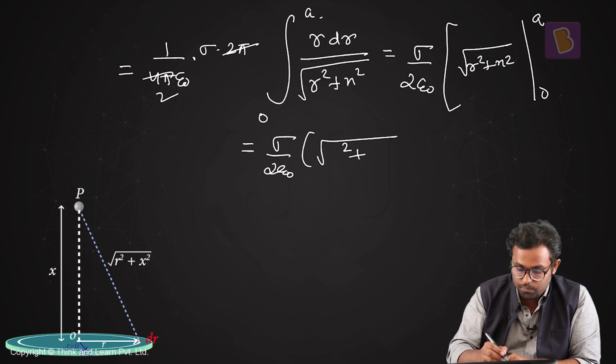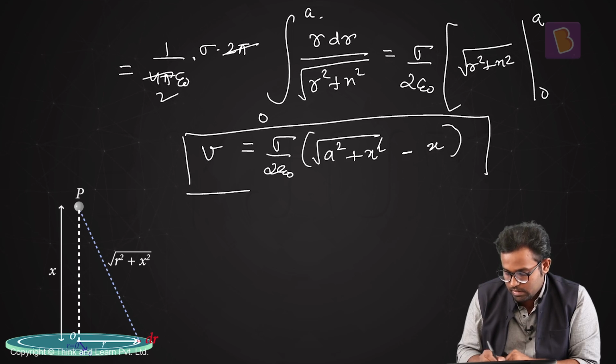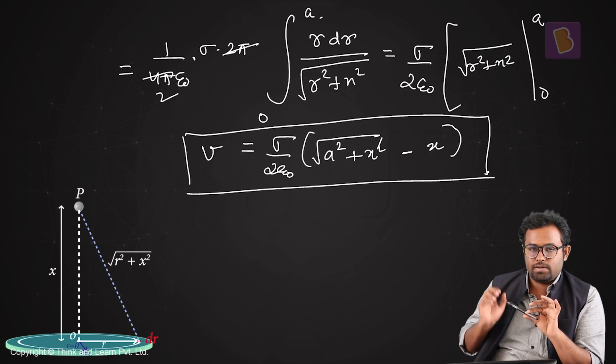So this will become root over a square plus x square minus x. So this is the potential due to a disk at a point on its axis.